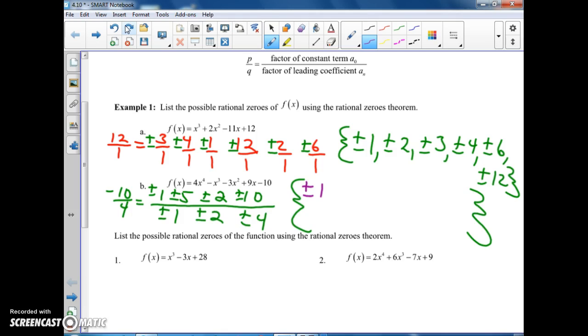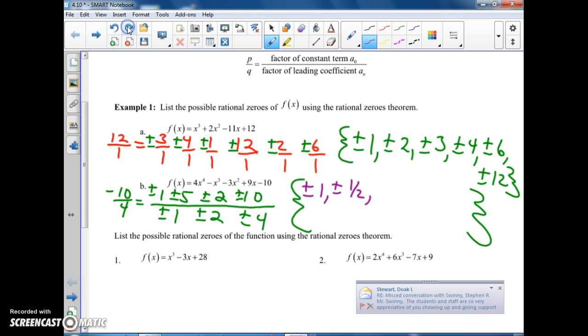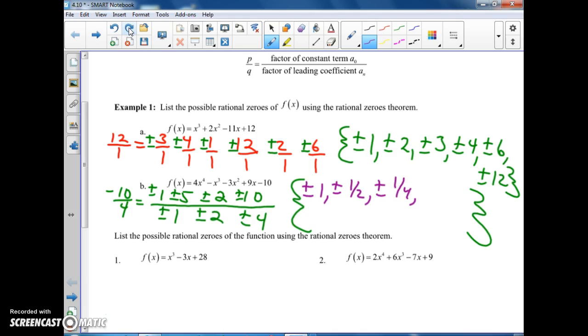You have 1 over 2, which gives you plus or minus 1/2. You have 1 over 4, which gives you plus or minus 1/4. What you just did is you took care of all the ones.